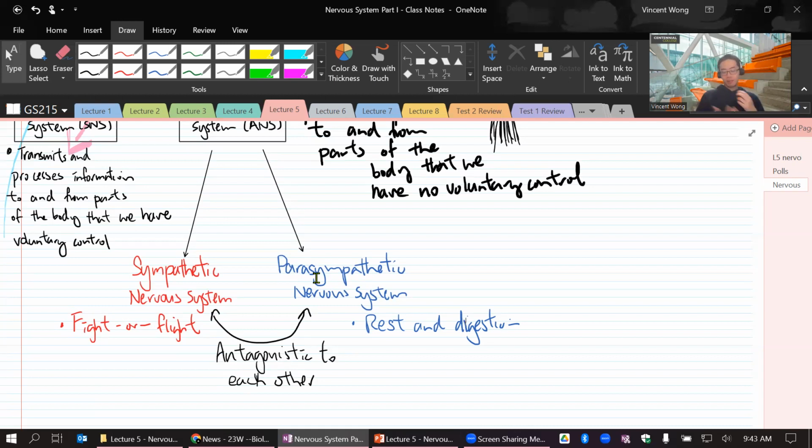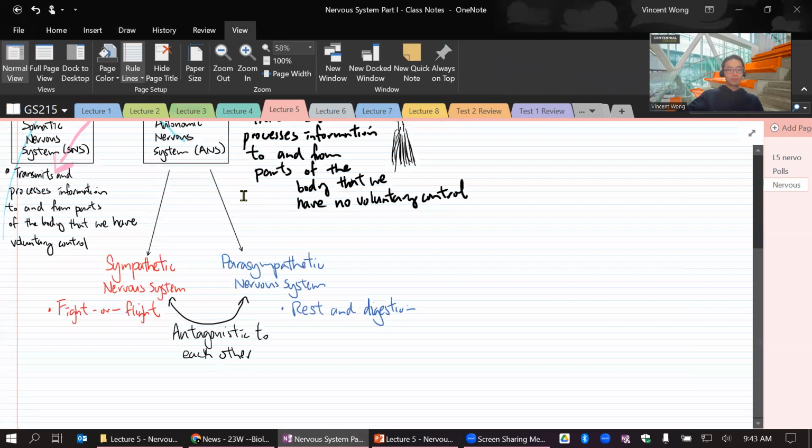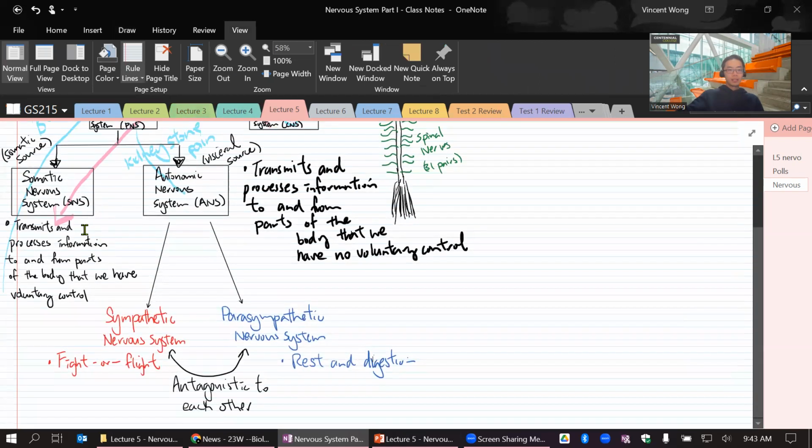In certain situations, depending on what you are experiencing, one division is stronger than the other. And these things are part of your ANS. Okay, so there you have it. That's the entire division of the nervous system that we're going to be learning.